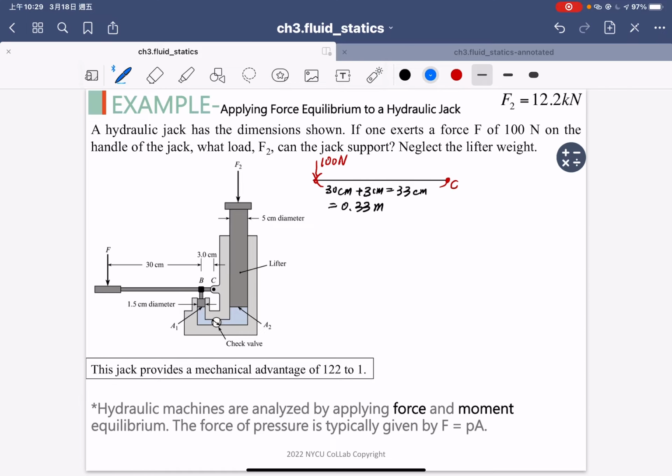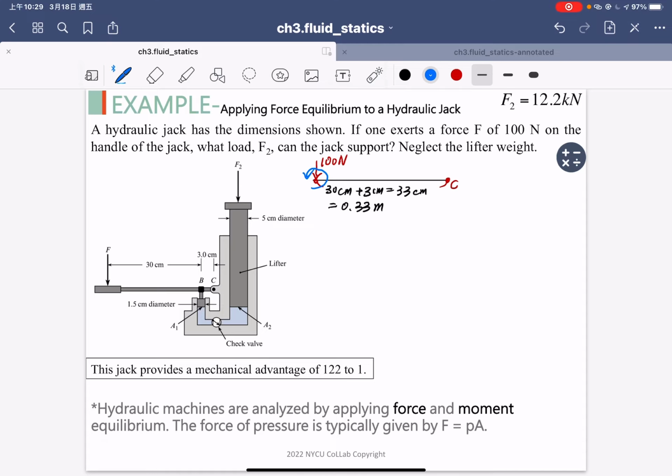balance. So for the force acting in here, you apply your right hand and try to understand whether the moment is clockwise or counterclockwise. The force in here will give the moment in this direction.